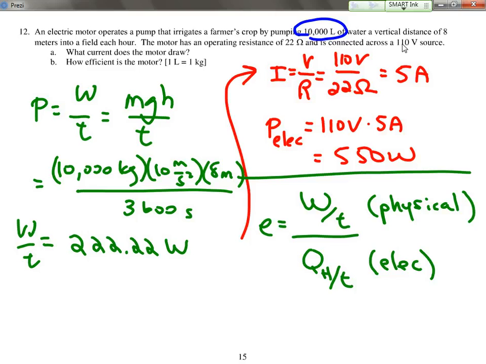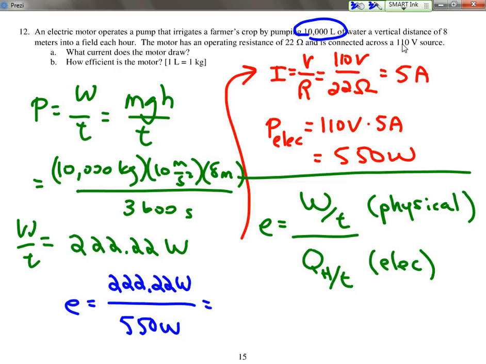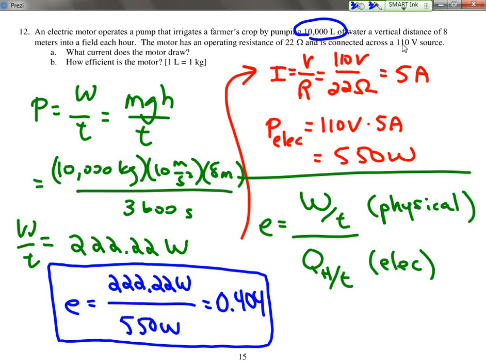So my efficiency is the work over time done, 222.22 watts, divided by the amount of energy I'm putting in per second, which is the electrical energy, 550 watts. I find that my efficiency in this case is equal to 0.404. I know it seems like it was a long problem, but ultimately I just had to solve for the mechanical power and divide that by the electrical power to solve for the efficiency.